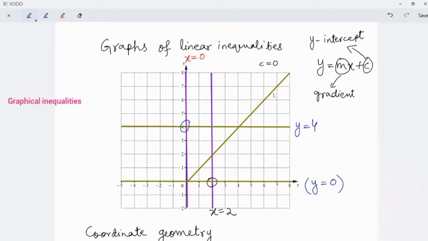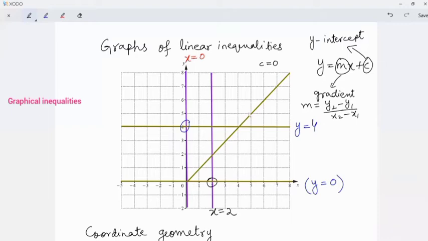But what about the gradient? We can write down the formula for the gradient that we have already studied in coordinate geometry, that is (y2 minus y1) divided by (x2 minus x1). We can take any two points lying on this line for finding the gradient.